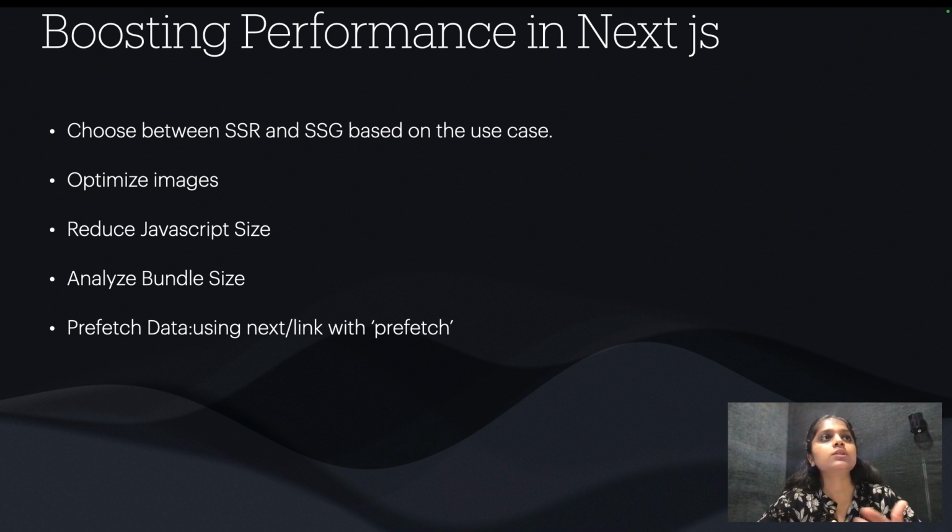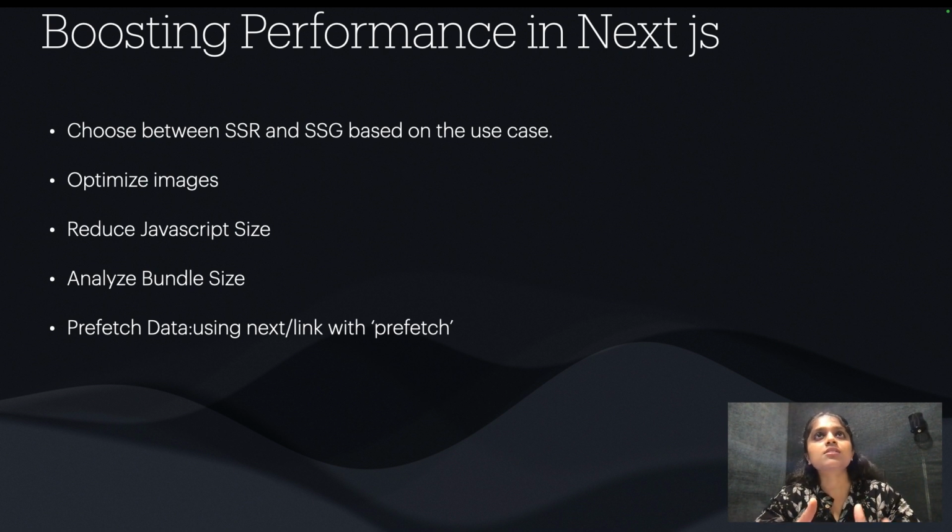Now next one is reducing JavaScript size. Whenever we are building things, it definitely happens that somewhere in the code base some unused code is there, which unknowingly we didn't pay attention to. But that affects us in the long run, after the application has been built, then this issue comes up and we have to look into it.